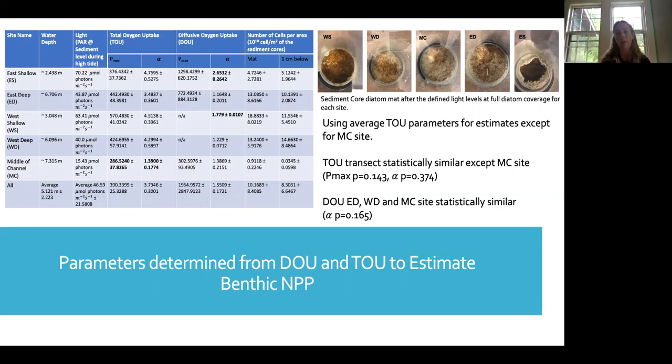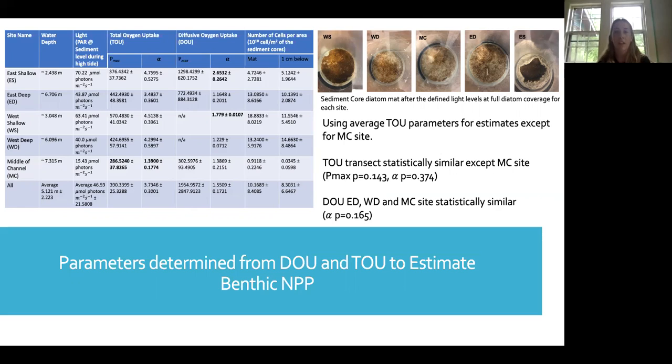And then after running the test, it was statistically lower. So then, based on these parameters, it was decided to use the average across the entire transect, except for the middle site, to make determining the rate easier.